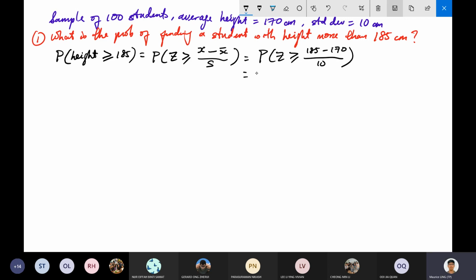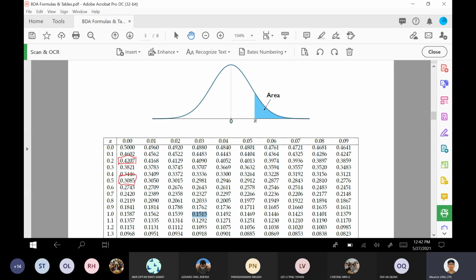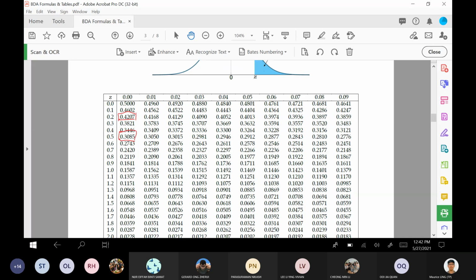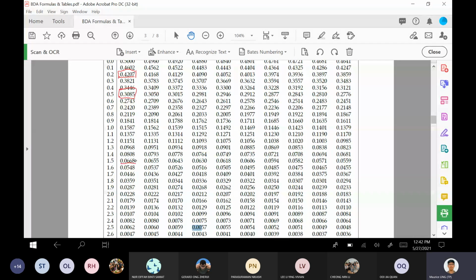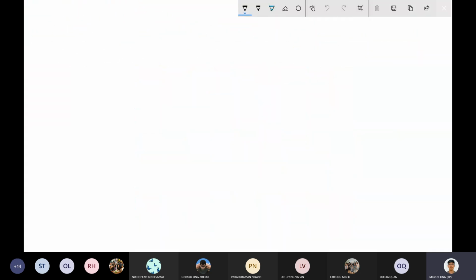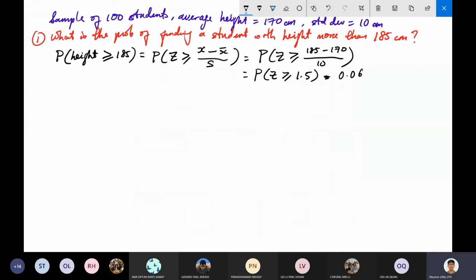So in this case, z is more than 15 divided by 10, which is 1.5. Correct. Then you go to the table, find where your 1.5 is. 1.5 is here, 0.0668. So the answer is 0.0668.